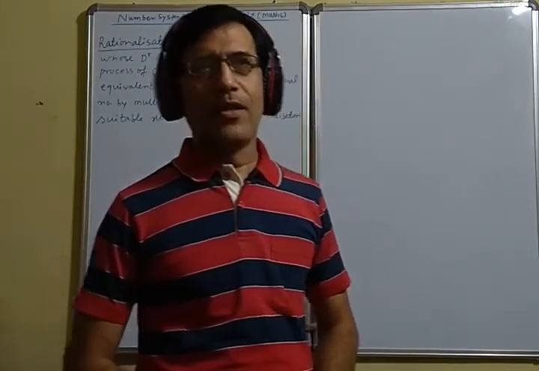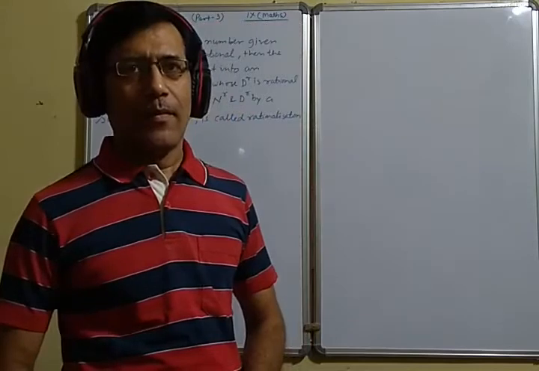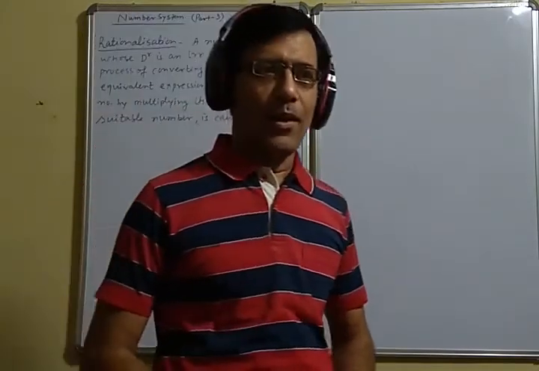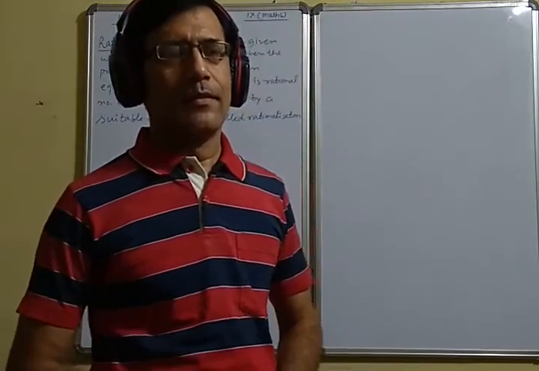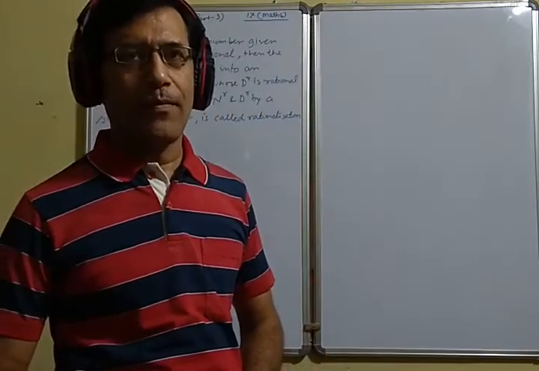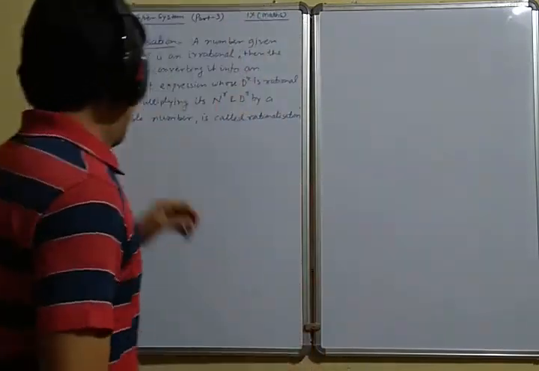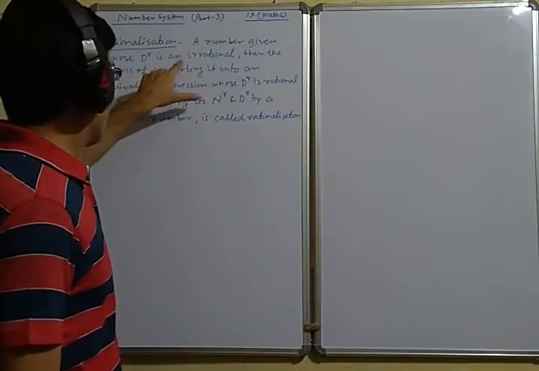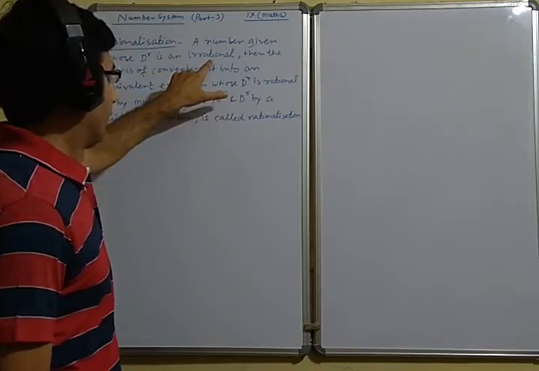Today we will learn rationalization in number system. So now let us see how we will rationalize the given questions. Rationalization: a number is given whose denominator is an irrational number.